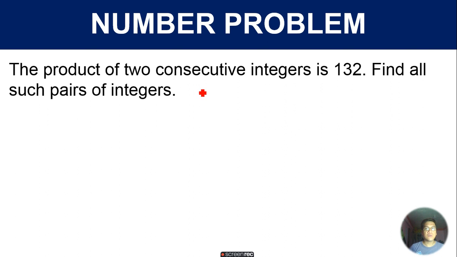The product of two consecutive integers is 132. Find such pairs of integers. Now take note that the product of two consecutive integers means there are two numbers, two consecutive numbers.